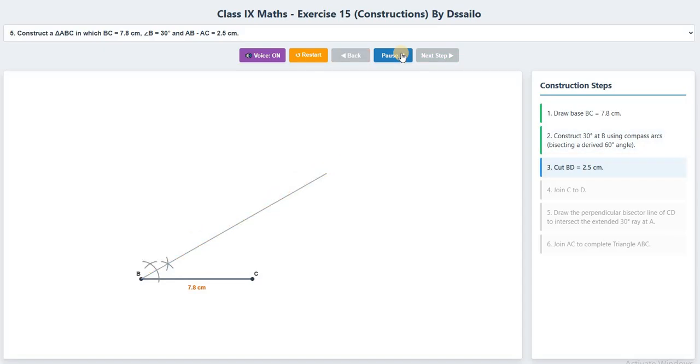Cut BD equals 2.5 centimeters. 4. Join C to D. 5. Draw the perpendicular bisector line of CD to intersect the extended 30 degrees ray at A. 6. Join AC to complete triangle ABC.